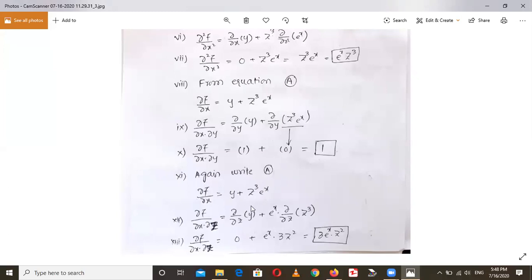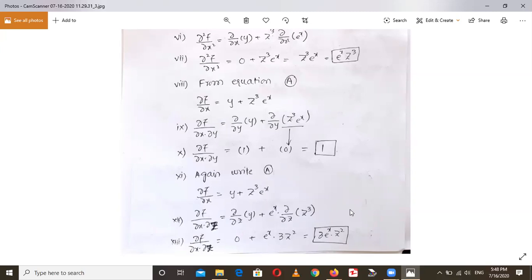I finally understand what you meant. So first you differentiate with respect to x, and then you get the formula, you differentiate the x in equation A, and then you put it to y and to z here. Exactly. Okay, I got it now.